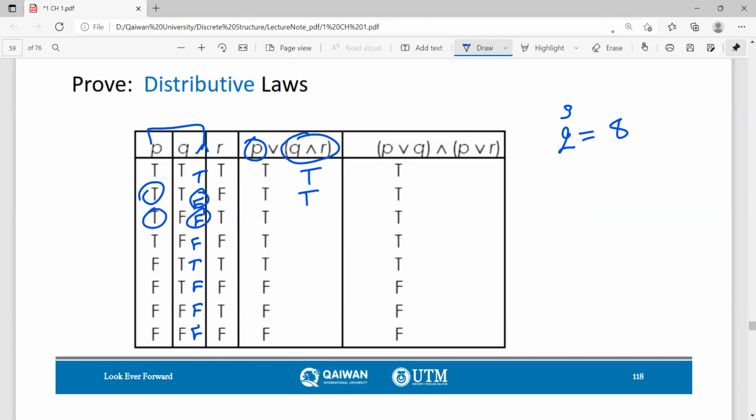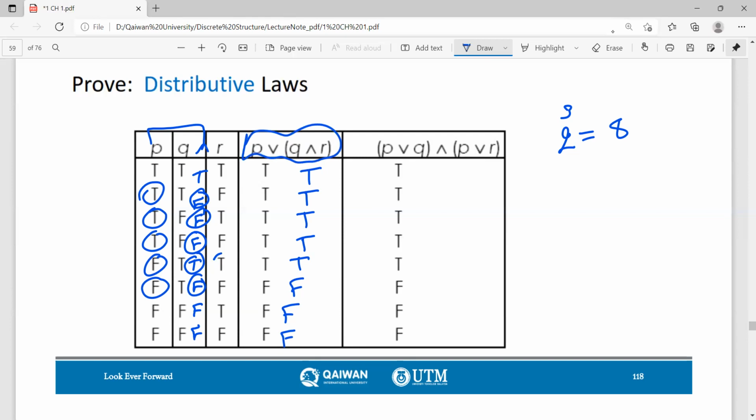True or false is true. True or false is true. False or true is still true. False or false is false. False, false, false, false. This is for P or (Q and R).